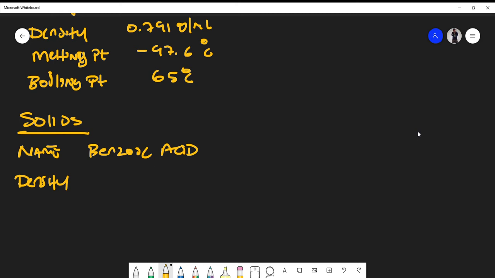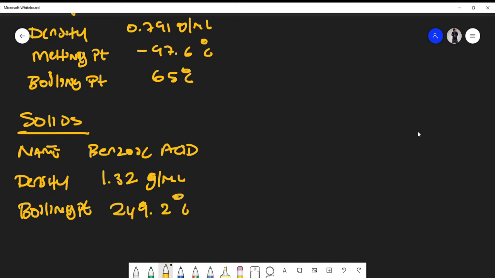So the density of benzoic acid is about 1.32 grams per milliliter. The boiling point is about 249.2 degrees C, and the melting point ranges from about 121 to 122 degrees C.